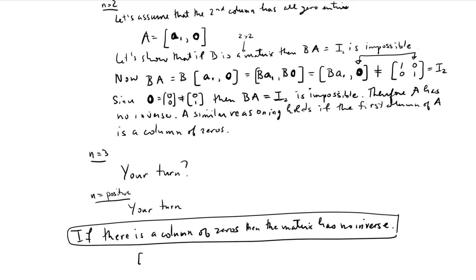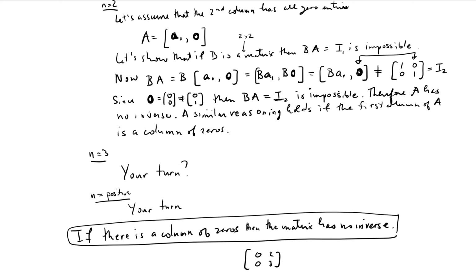So for 1 by 1 matrices, the matrix 0 is the only one that has no inverse. But for 2 by 2, it's very easy now to construct examples of matrices that have no inverse. As soon as you've got a column of zeros, you're good, right? So all these matrices, they're not equal to the zero matrix, but they're not invertible.